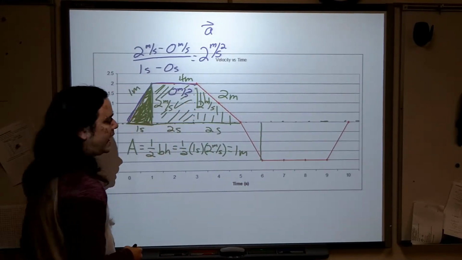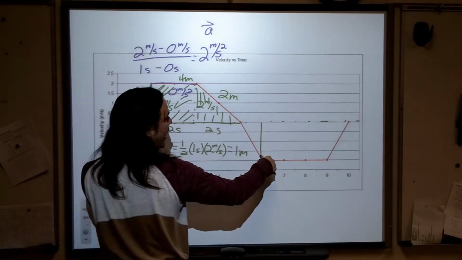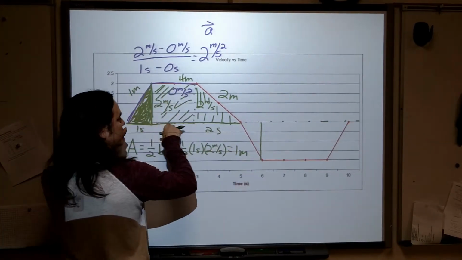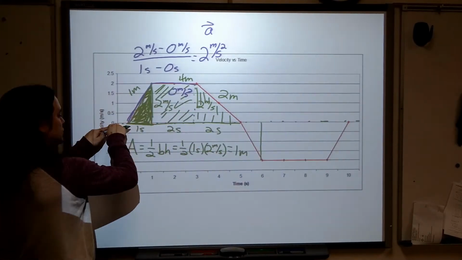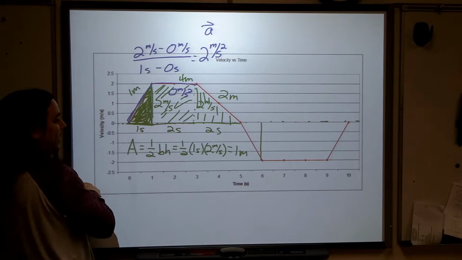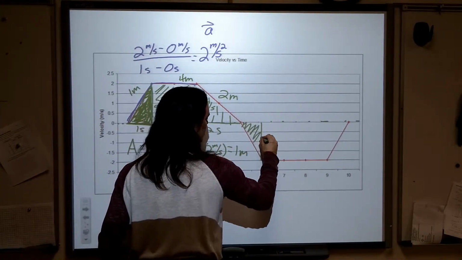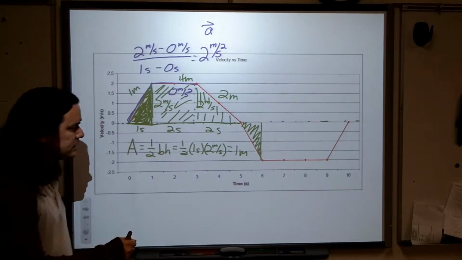Now, I told you that the area in question is in between your graph of the motion and the horizontal axis, where y equals 0, whatever your y happens to be, your vertical thing. So let's take a look at this area.